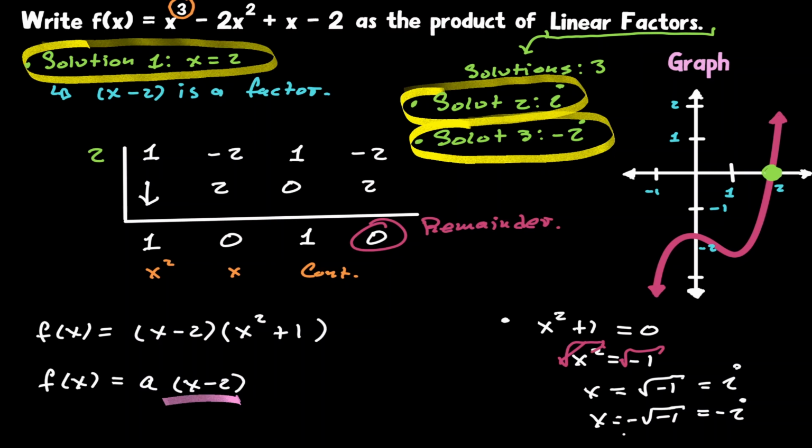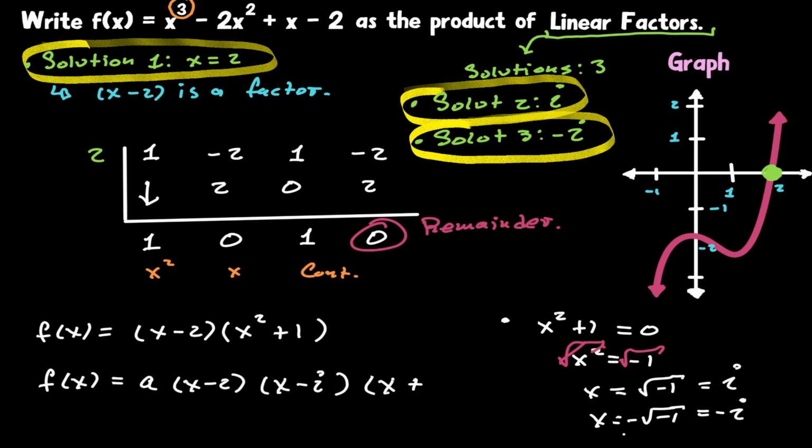because this is the factor that we obtained from the first solution. Now, the factor that we're going to obtain from when the solution is i is going to be x minus i. And the factor that we're going to obtain from our third solution of negative i is going to be x minus negative i. But a subtraction of a negative is just an addition.